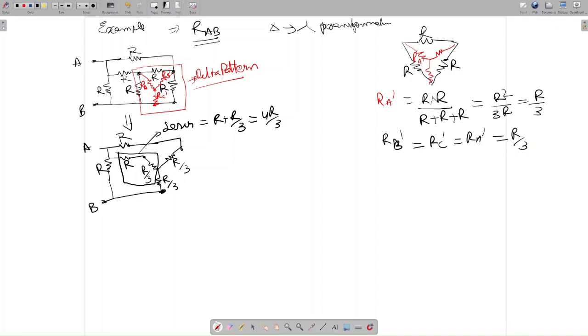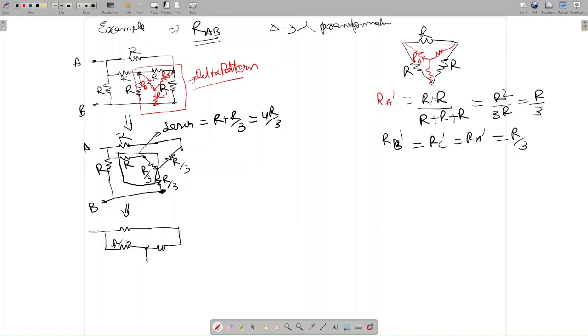So we can redraw it once again. It will become this is 4R by 3. So now this is R by 3.